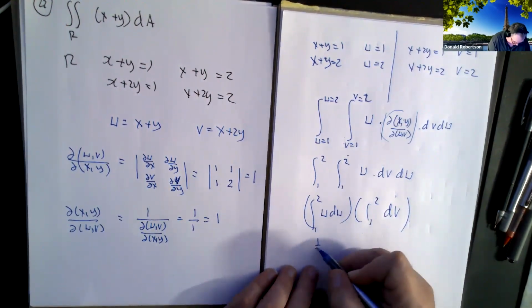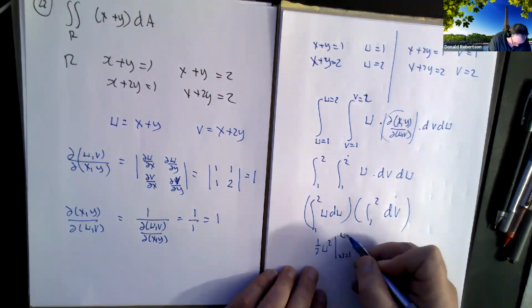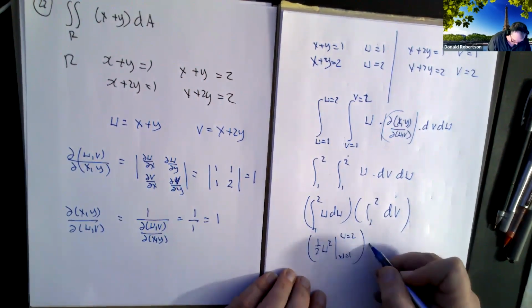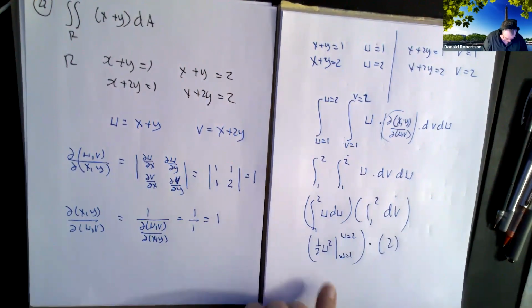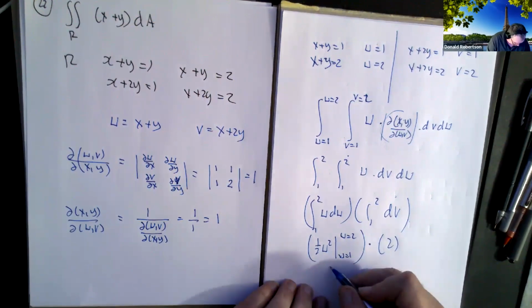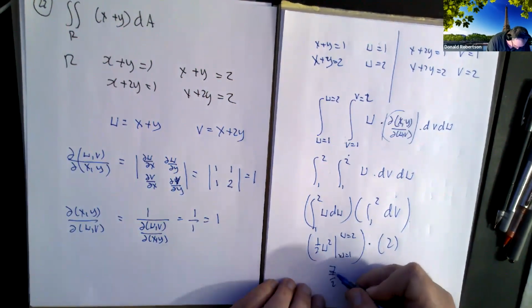And that guy is a half u squared. And that guy's basically just 1, and that gets you 2, and that gets you 4, take away a half, so I believe you get, do you get 4? Yeah, you get 4, so that's 3 halves.